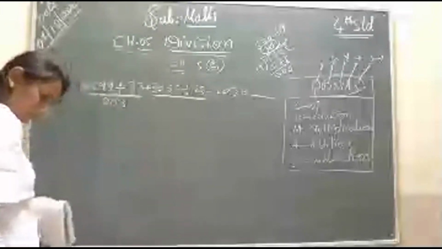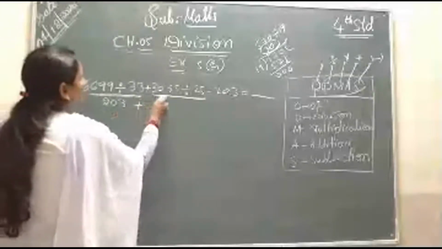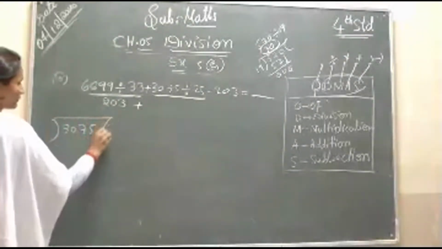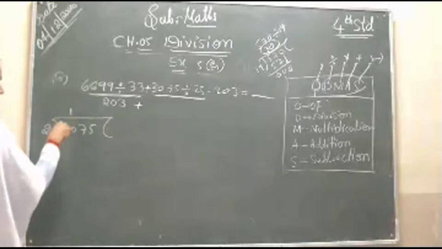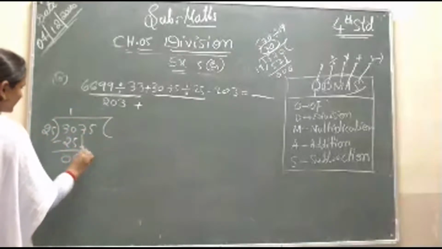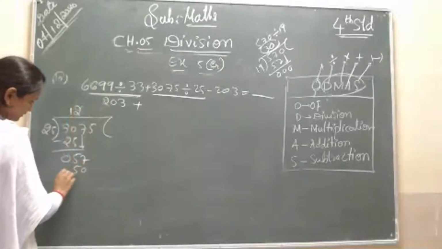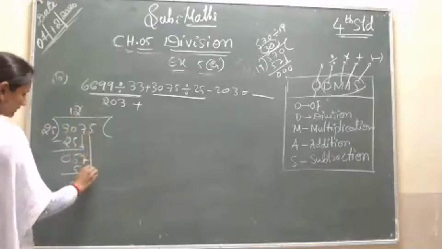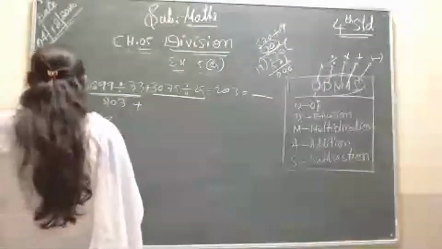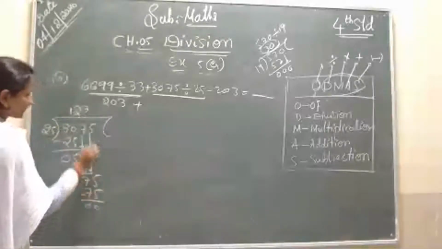Next, students. What is the next? Plus this step. So 75, 25. 25 ones are 25, remaining 5, here 0. So next is 55. 55 twos are 50. Sorry, 25 threes are 75.